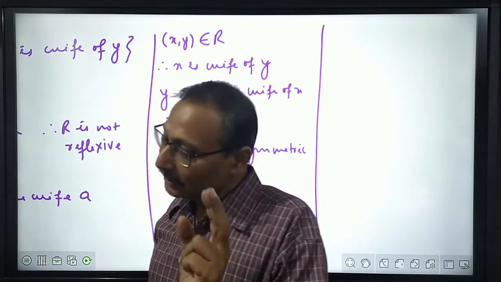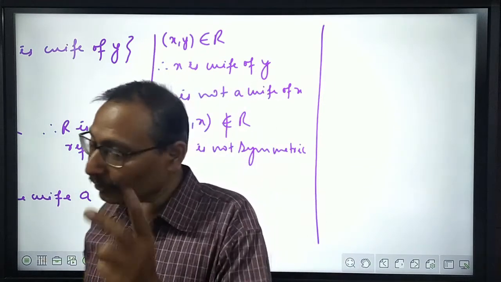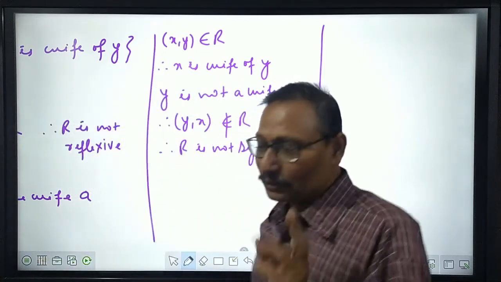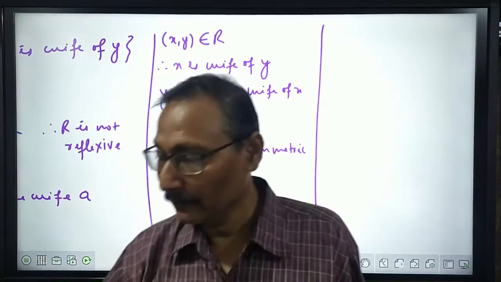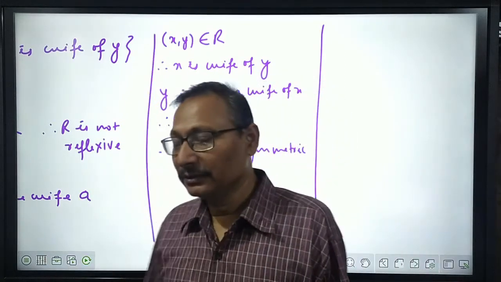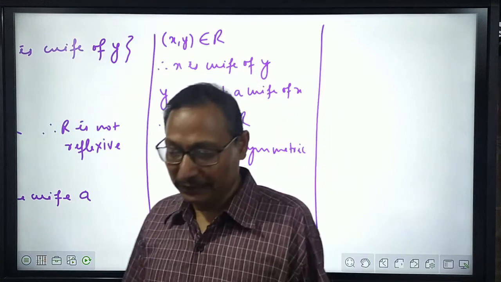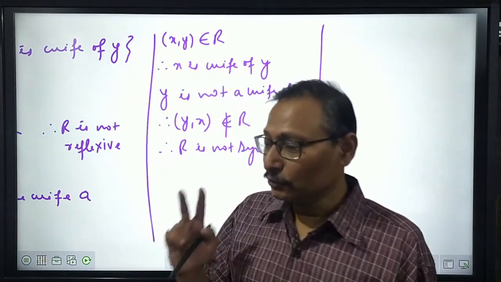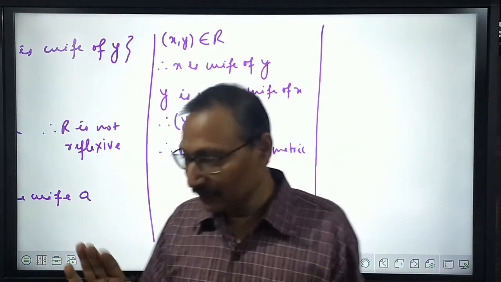That means y comma something, y comma z. Such two pairs must be there, and in the process of checking transitivity, we need to take two such pairs. Not only this, these two pairs must be of that kind.